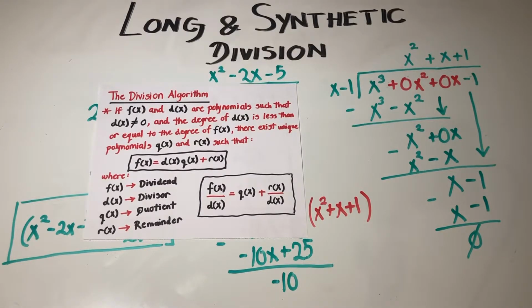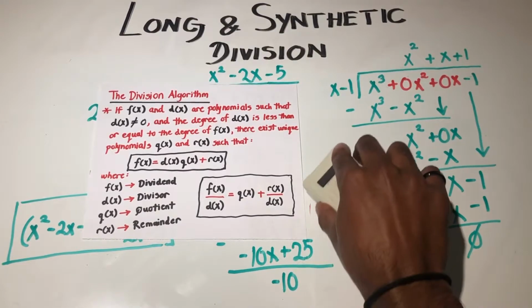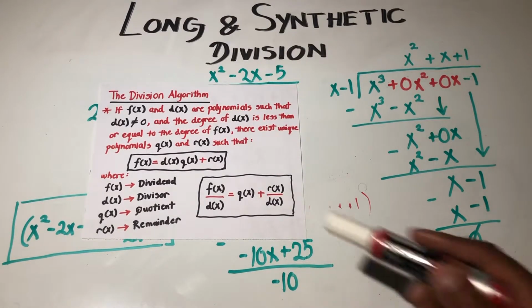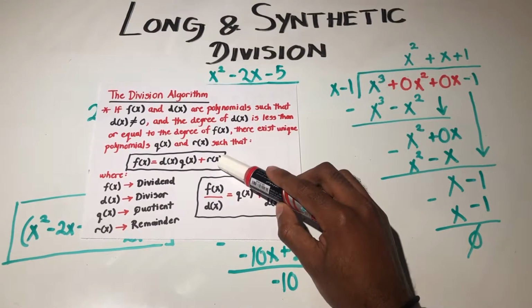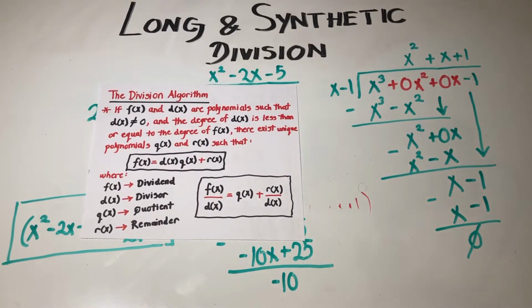So what we can do here is write it in this form, which is f of x is equal to d of x times q of x.